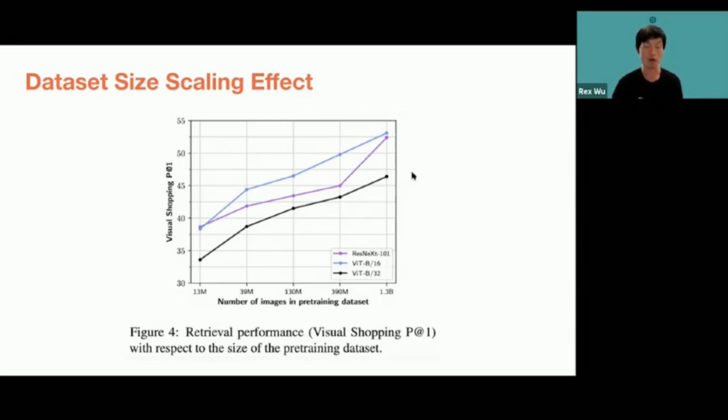However, as we have more and more data available for pre-training, the large ViT model starts to outperform the CNN model. This figure also showed us that the larger model can better leverage the larger data size we have.